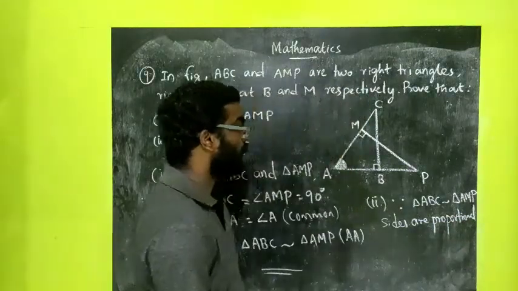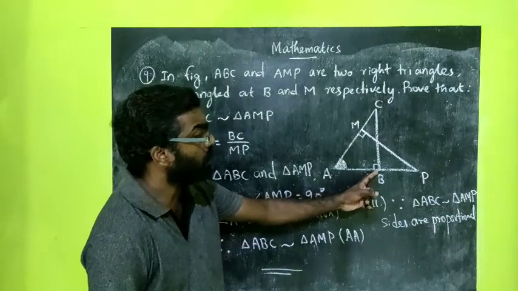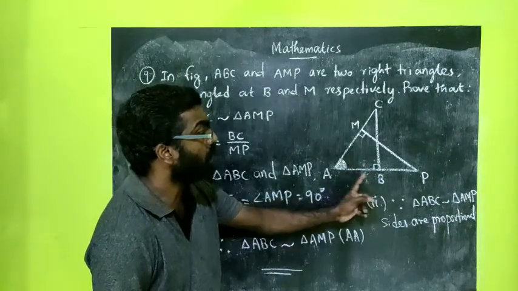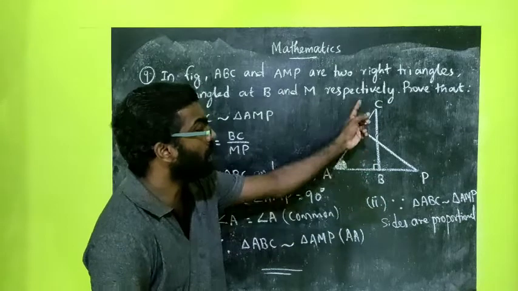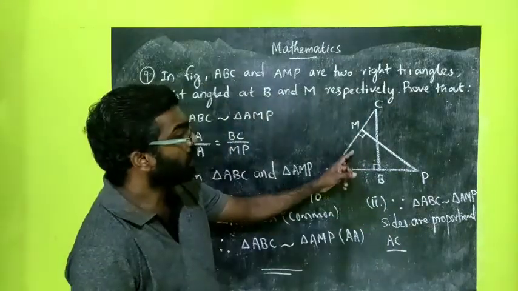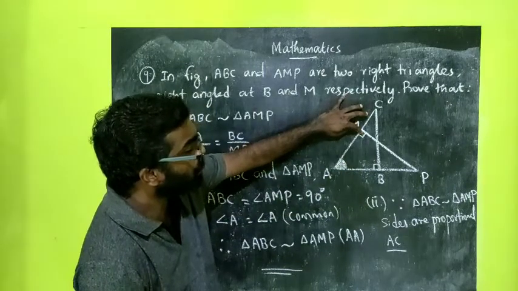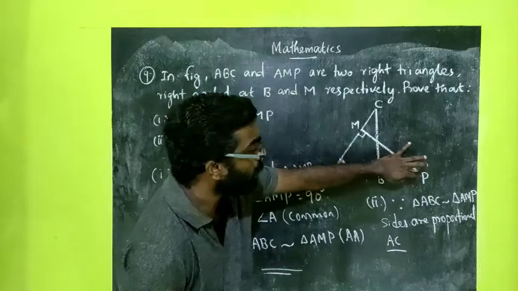Okay, so we can take the corresponding sides. First I write the side opposite to 90 degree angle, that is in ABC, here the side is AC. So AC by, and in the second triangle, here is the angle 90 degree. So the side opposite to 90 degree is AP or PA.